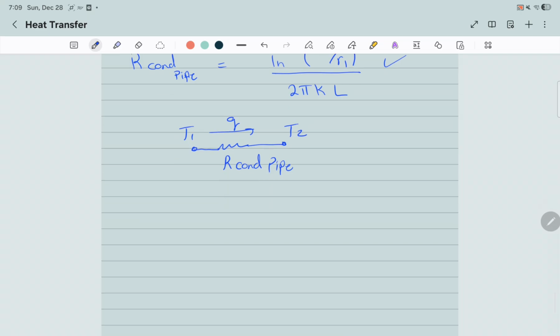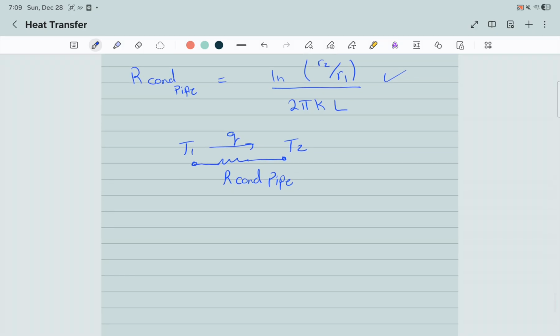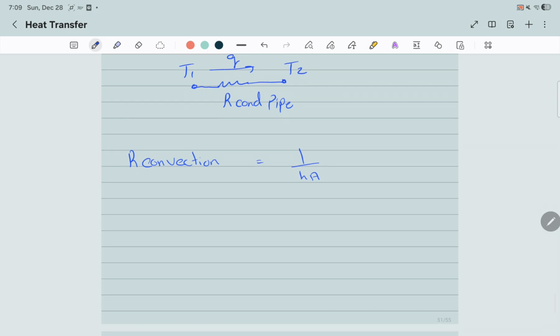And that's pretty much for this video. So far we covered a convection resistance, which is 1 over hA. That applies in all circumstances. We also covered the conduction of a plane wall, which equals L over kA, which has units of Celsius over watt.